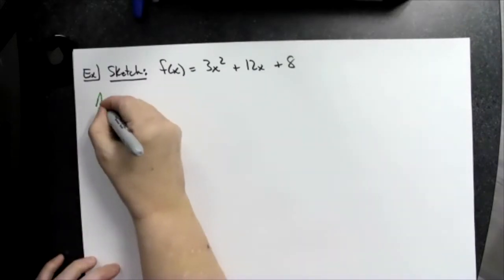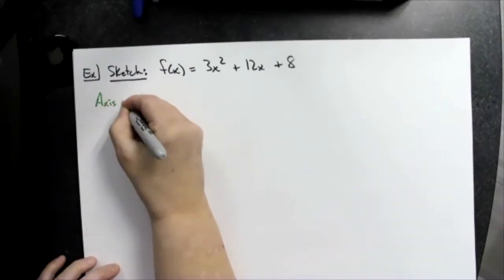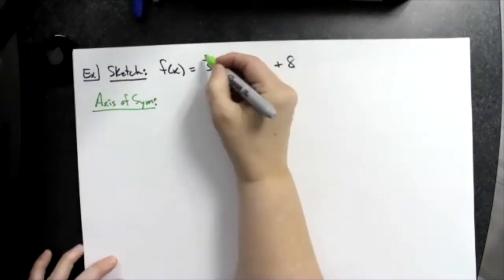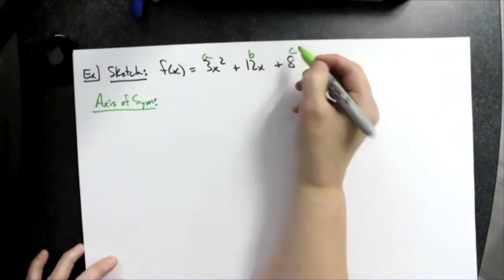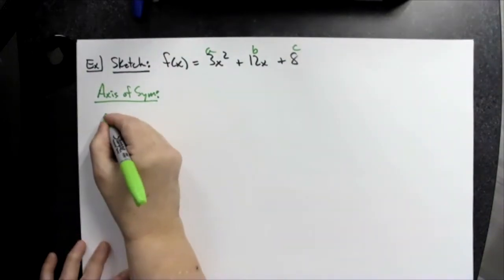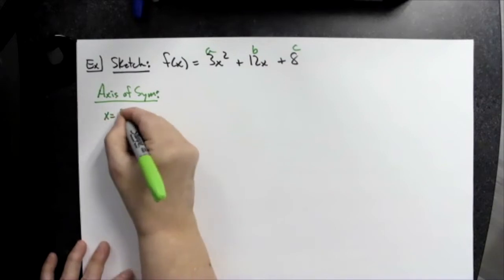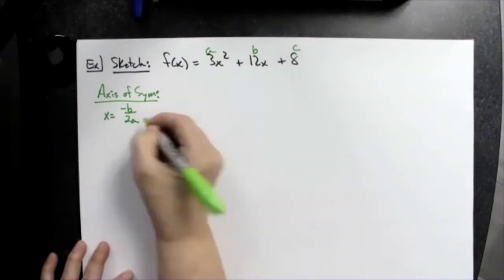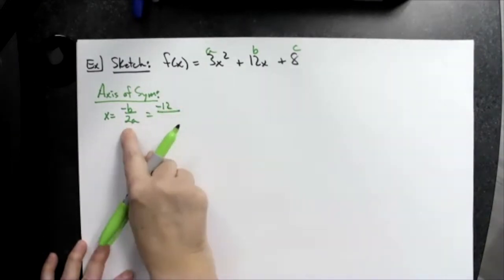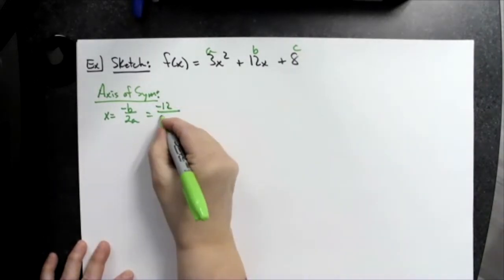Let's switch to a different color. I am going to look for that axis of symmetry. This is a, this is b, and this is c. You are going to have that formula memorized. Remember, it's x equals negative b over 2a. In our case, that's negative 12 over 2 times 3.